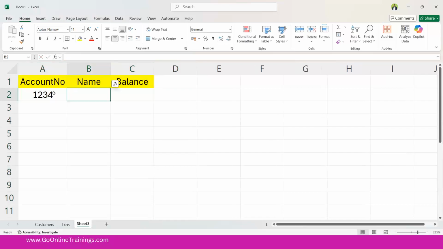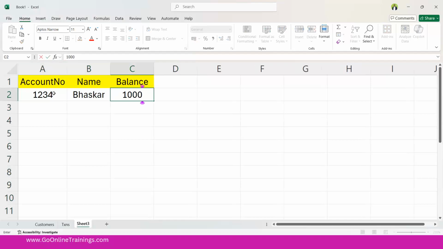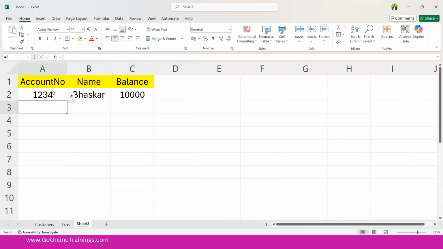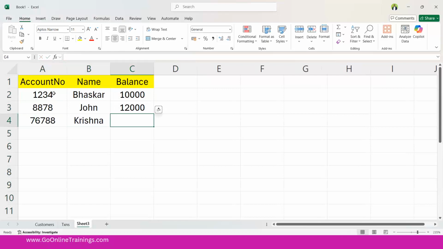Your account number is 1234. Your name is Bhaskar, right? So currently I'm having 10,000 rupees. Now one more customer, let us say John, has 12,000 rupees. Like one more customer, let us say Krishna, is going to have 1,000 rupees in his account.